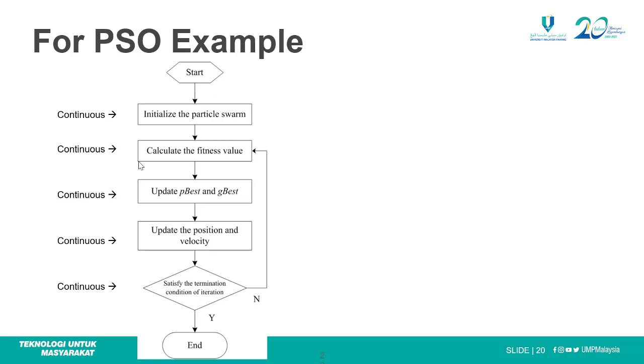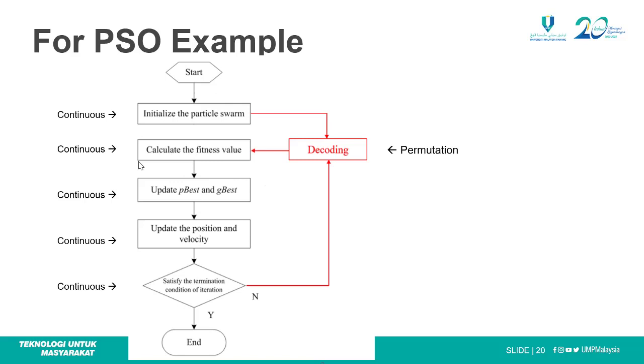But when we want to implement the combinatorial problem or the permutation representation for our standard PSO, the flow of PSO is slightly modified. From the initialization of the particle swarm, when we create the initial solution, we need to decode it into the TSP representation first, and then it is evaluated. The fitness function is calculated. Then we follow the update of P-best and G-best as usual.